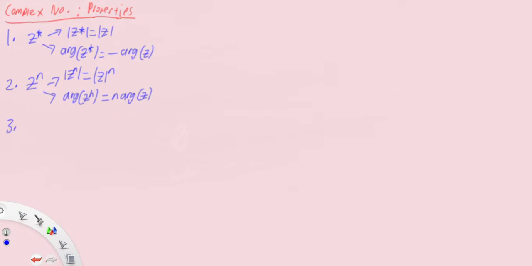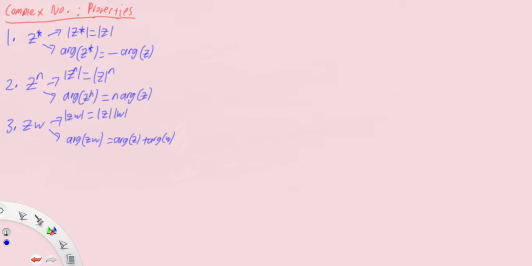Moving on, we have zw. Let's say z is of the form re^(iθ) and w is of the form, let's say, ke^(iφ). So the modulus of zw, again following modulus laws, is mod z times mod w. The argument of zw, following the logarithm law, is arg z plus arg w.